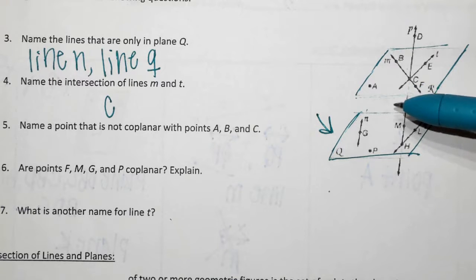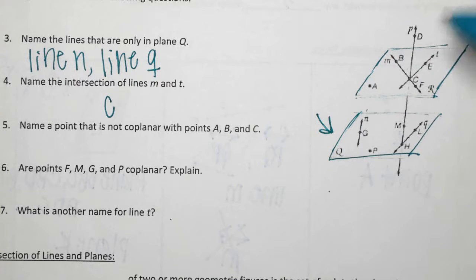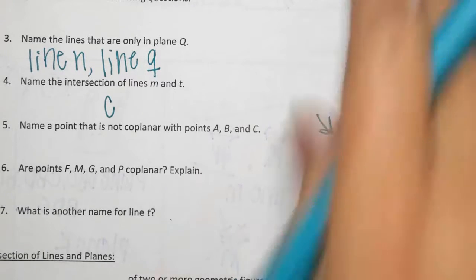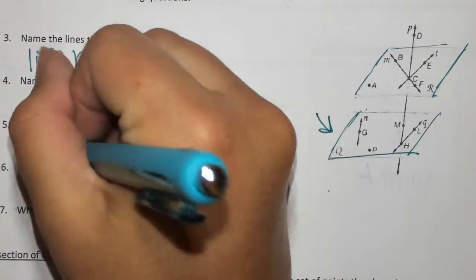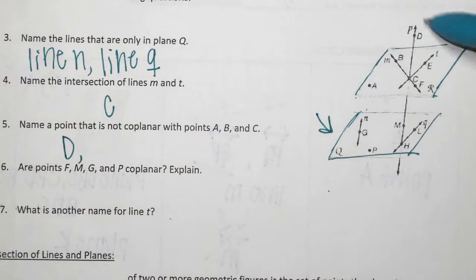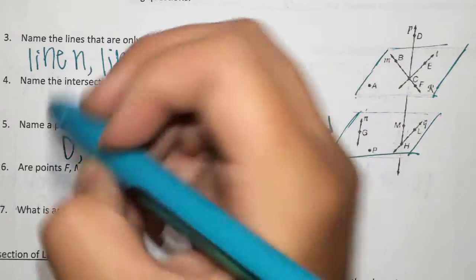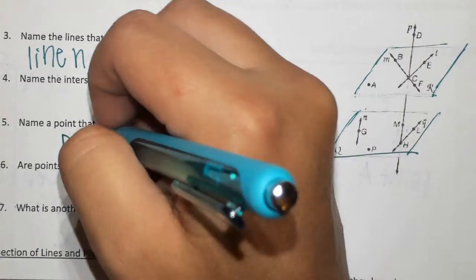Call them out. P, G, M, H, L. What about this one? D. Okay, so you could have listed any of those. I'll list D because it's up here. Then I'm going to list one of these down here. So let's just say G.